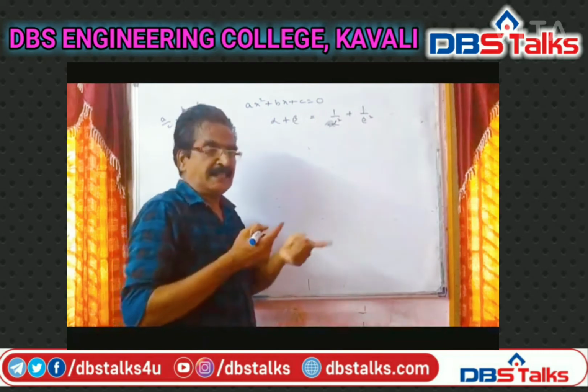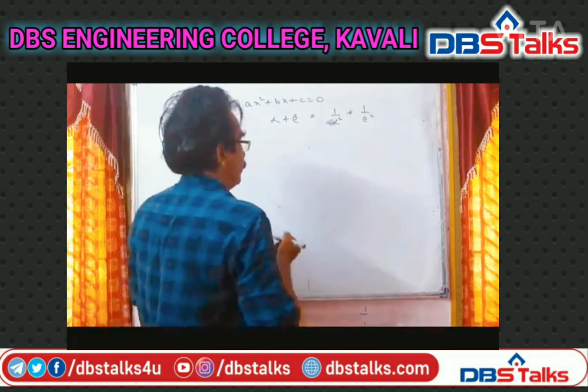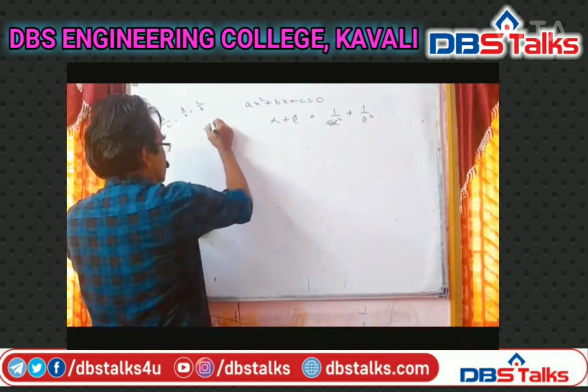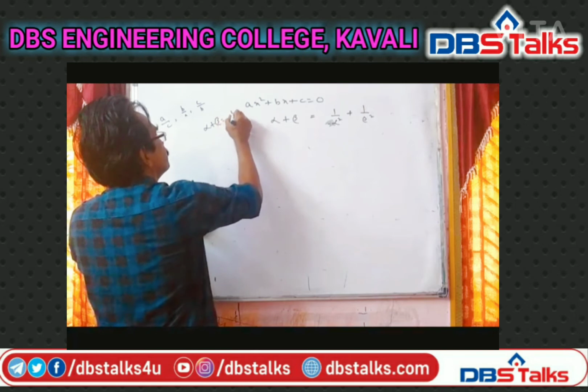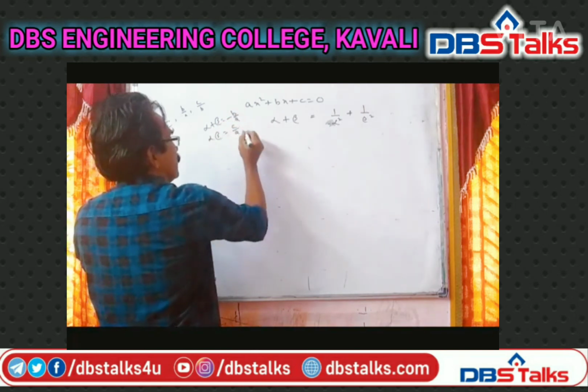Alpha, beta are the roots. Their reciprocals are 1 by alpha, 1 by beta. Squares are 1 by alpha square plus 1 by beta square. So from this equation we know alpha plus beta is equal to minus b by a, and alpha beta is equal to c by a.